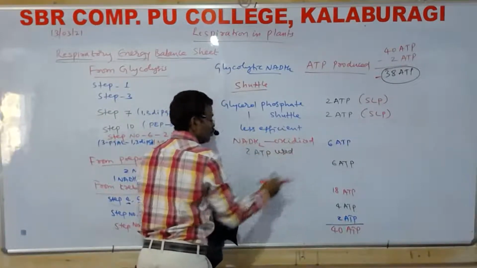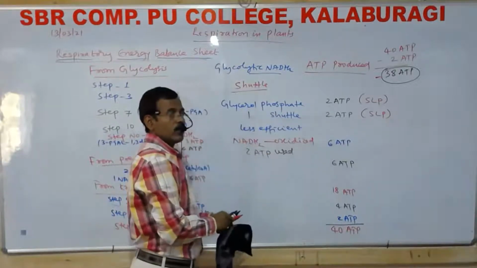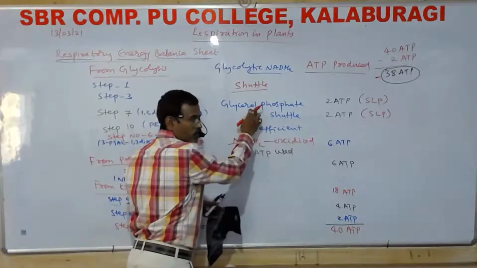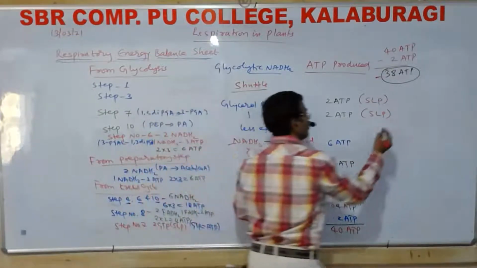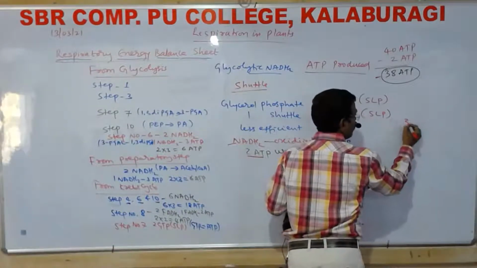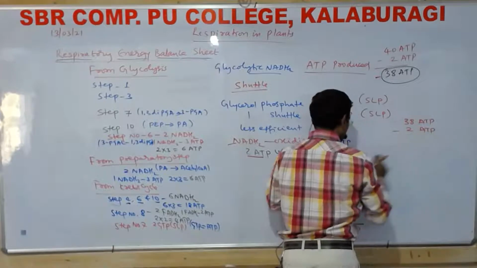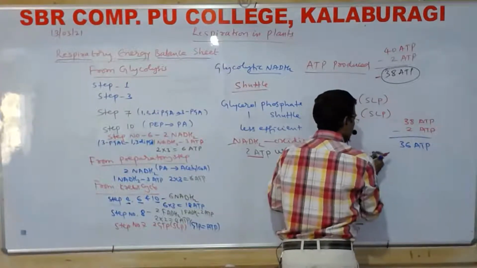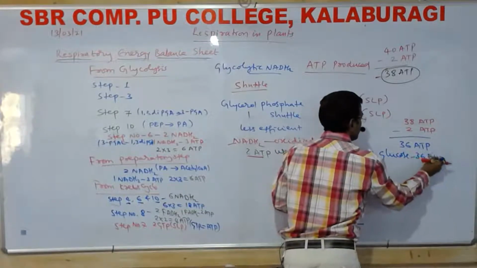So 38 ATP minus 2 ATP, how much does it come to now? 36 ATP. One glucose, 36 ATP.